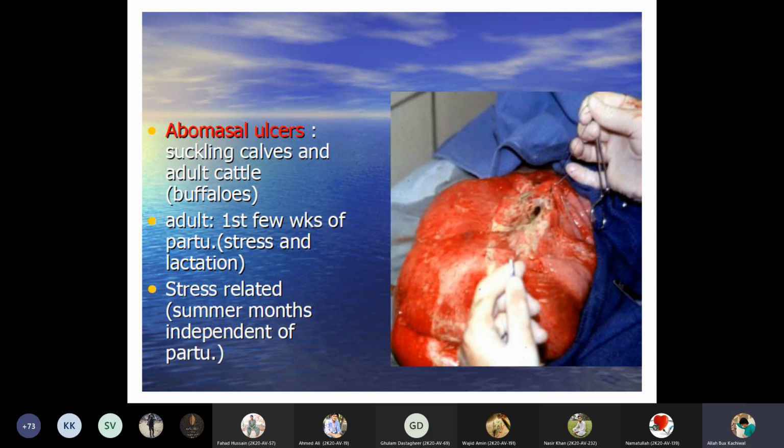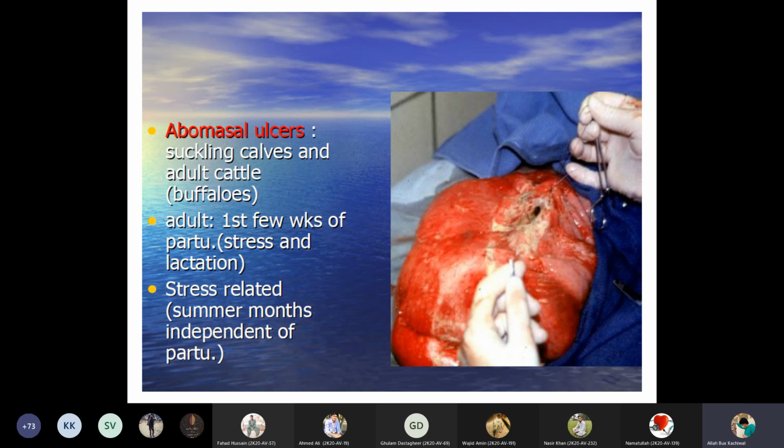So abomasal ulcers occur in suckling calves and adult cattle or buffalo. In adults, the first few weeks of parturition, stress and lactation can cause ulcers, whereas stress related to summer months, independent of parturition, may lead to abomasal ulcer.